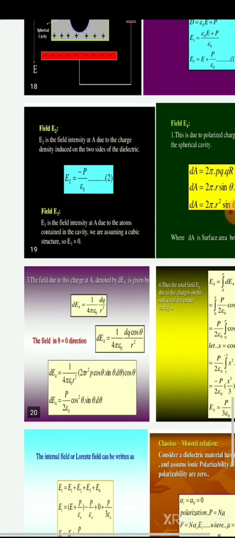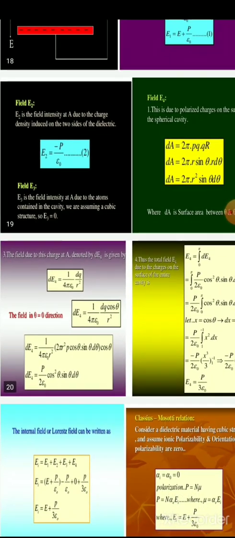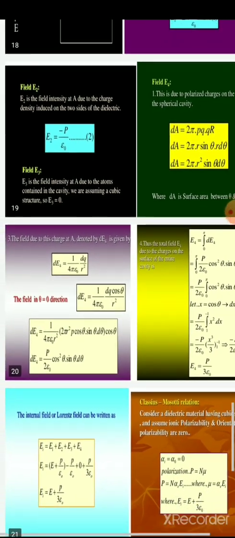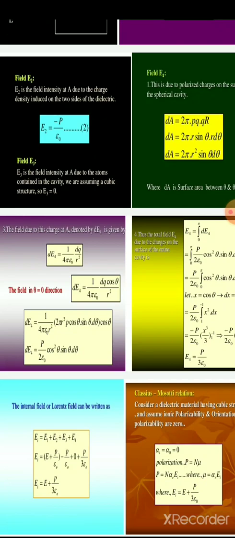I got this equation; all this I have done in rough work. Once again I am explaining: the electric field due to this charge at A, E4, equals 1 by 4 pi epsilon naught dq by r square. Here we are considering only one charge, so I am taking q.